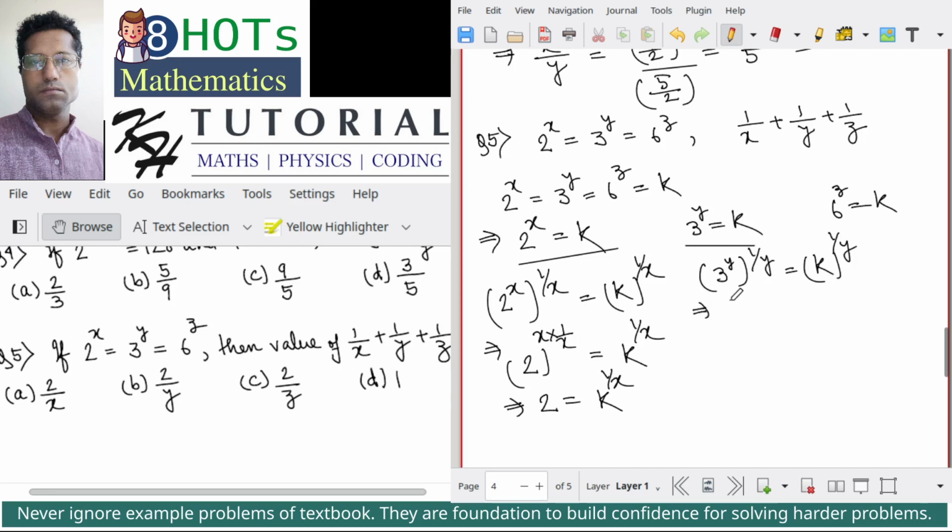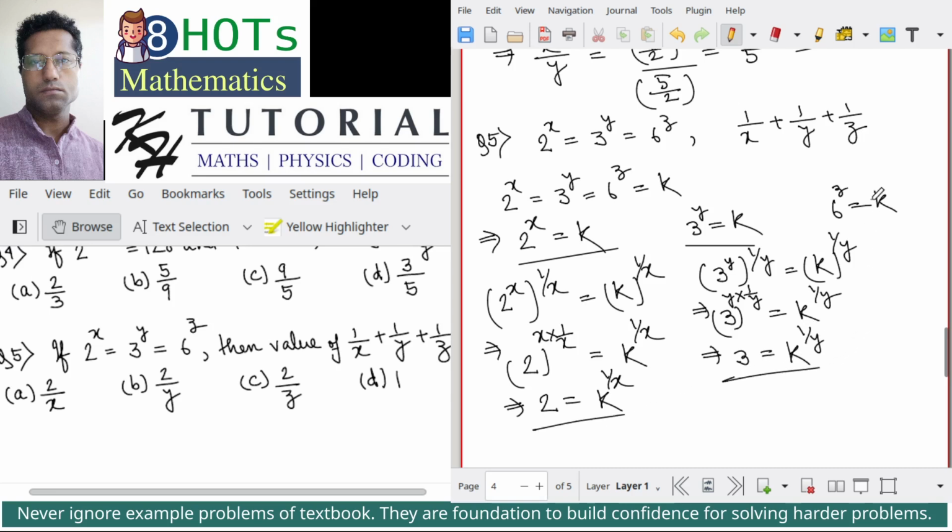So this implies 3 raised to the power y multiplied by 1 by y is equal to k raised to the power 1 by y. So this becomes 3 is equal to k raised to the power 1 by y.